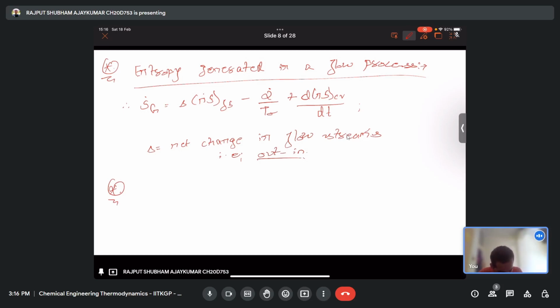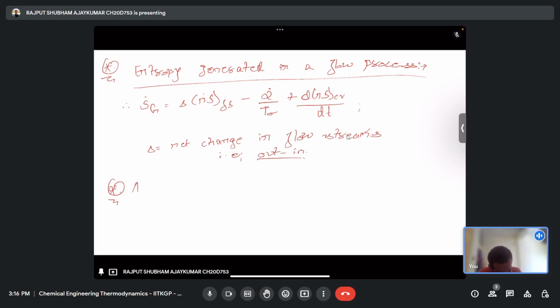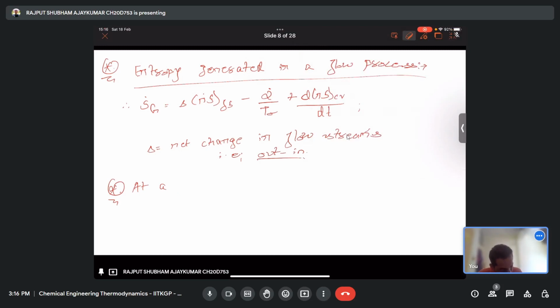If you see, we can also show that at a steady state, the work done in the ideal process will be... and in this case the change in the entropy generated by the system is 0.